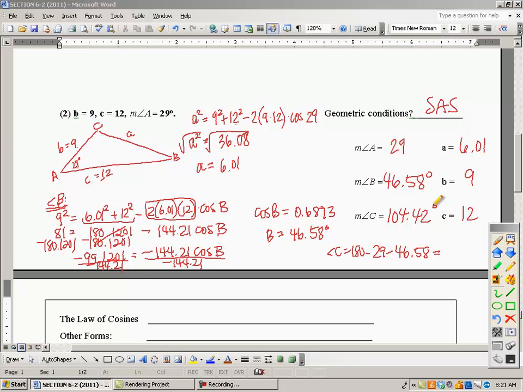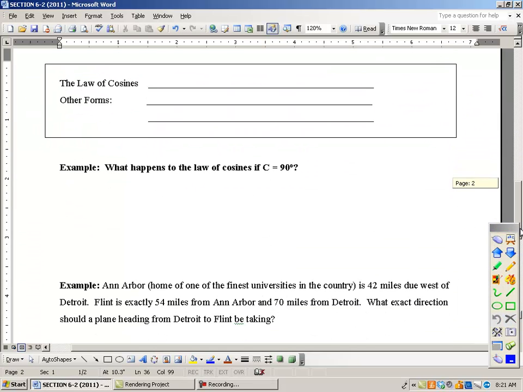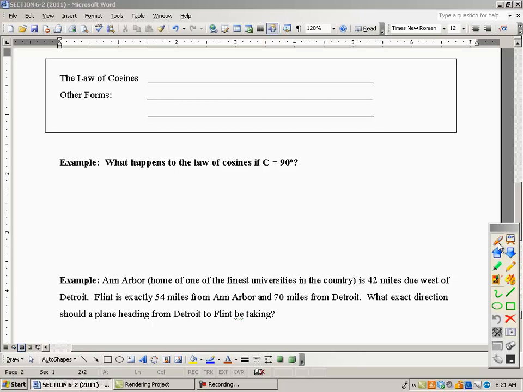If you flip to the back, let's do another one. And we're going to start first with what the law of cosines is. We did the first one. A squared equals B squared plus C squared minus 2BC times the cosine of A. And the biggest thing to keep in mind is if it's side A equals, then cosine of A has to be in the equation.